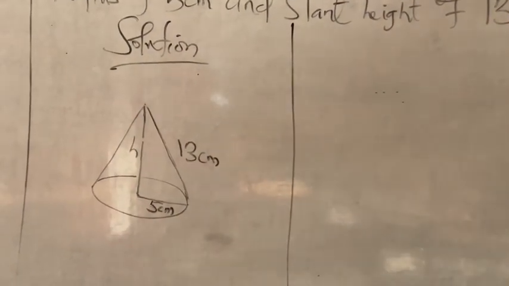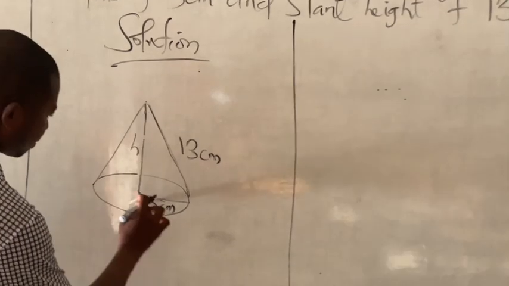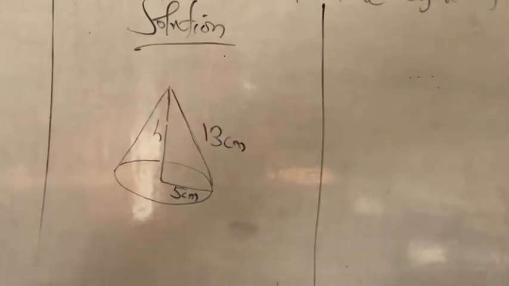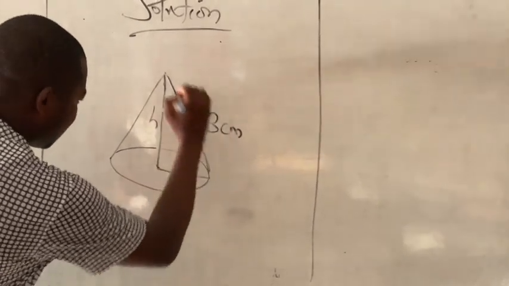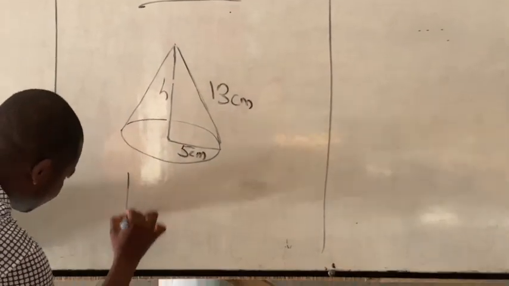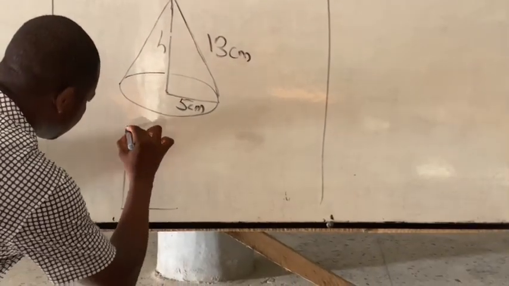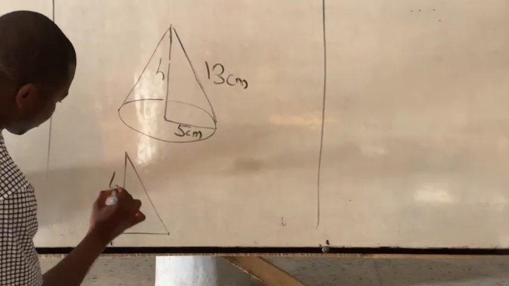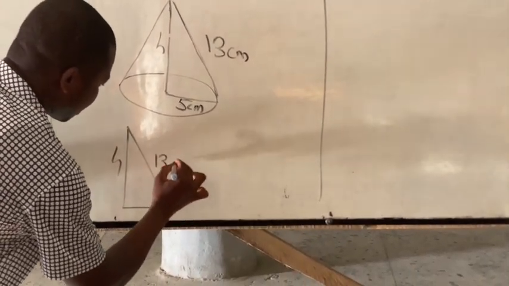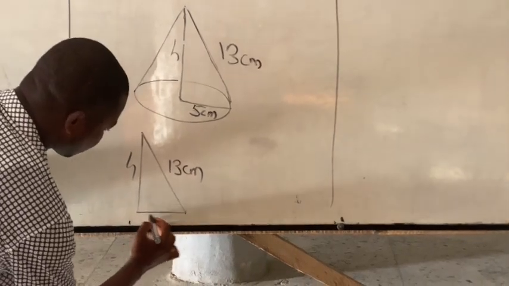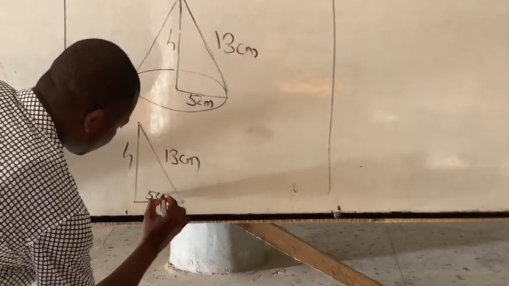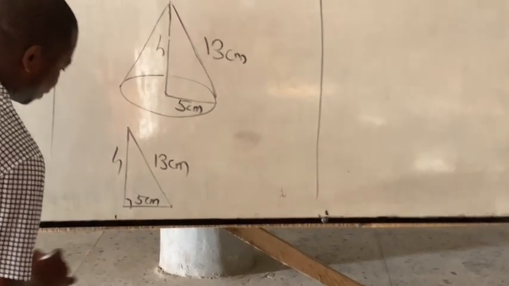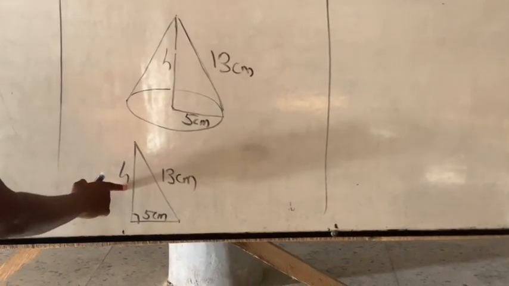Now, if I bring this shape outside, you find out that what we have there is a right angle triangle. This is our height, this is our slant height, 13 centimeter, and this is our radius, which is 5 centimeter.